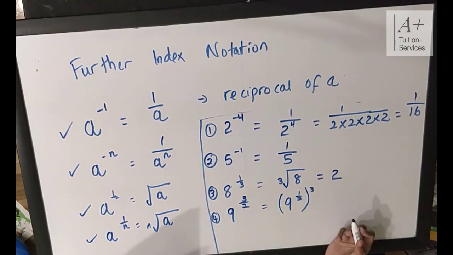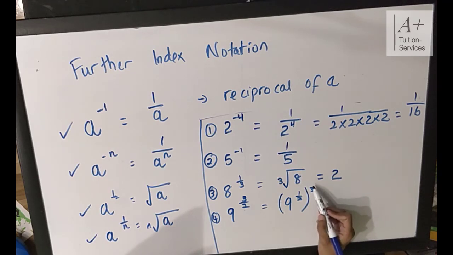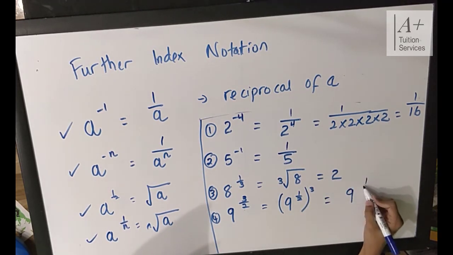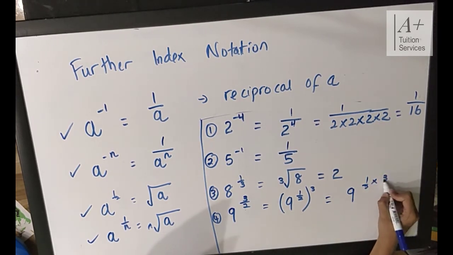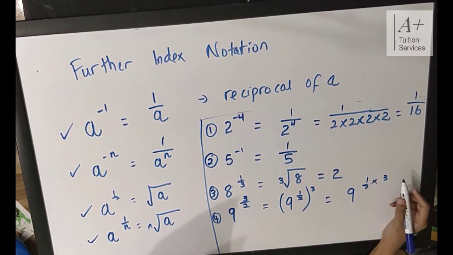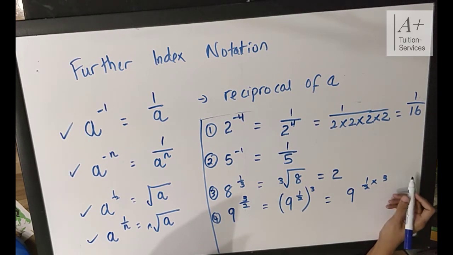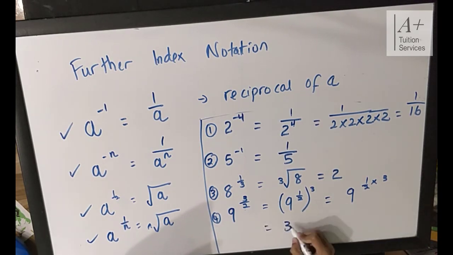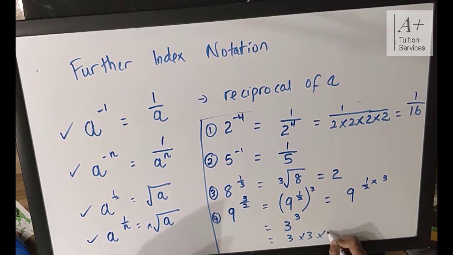So we'll end up with, now remember when we have brackets like this, we need to multiply the power. So it will be 9 to the half multiplied by 3, which will be to the base number. Now we'll end up with 3 cubed, which is equal to 3 multiplied by 3 multiplied by 3, which is equal to 27.